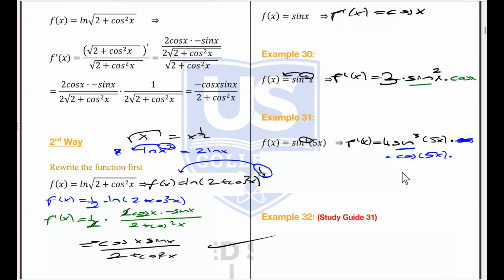Multiplied by derivative of the inside, derivative of the angle, which is 5. So let's clear this a bit. 5 times 4, 20. Sine cubed 5x times cosine 5x. That's it. I'm done.